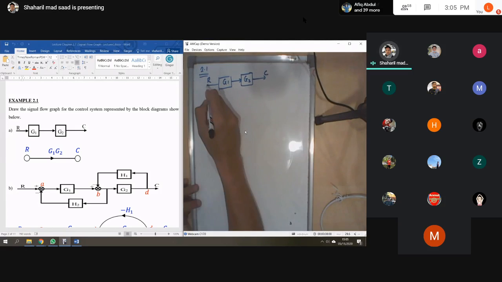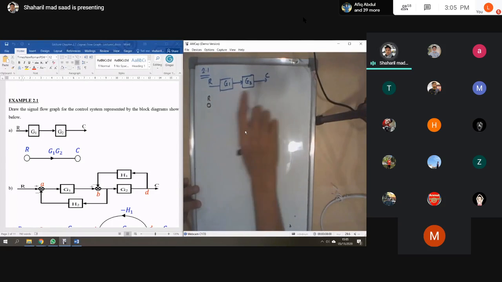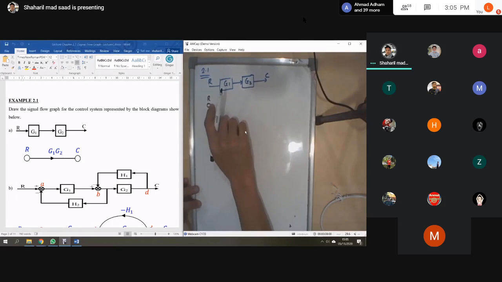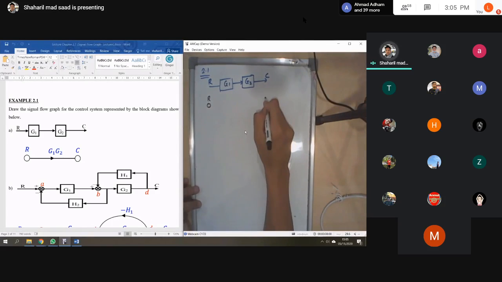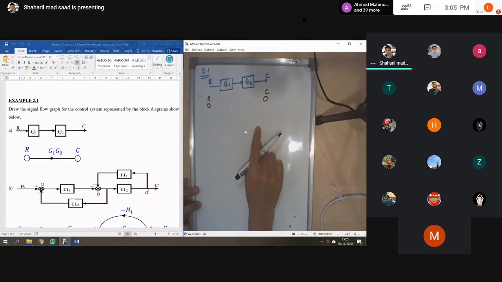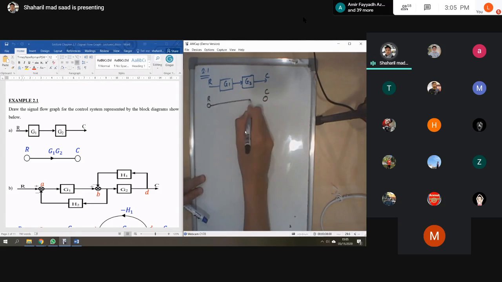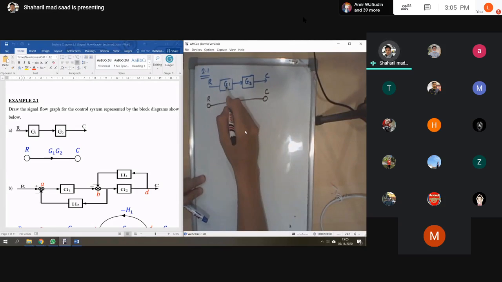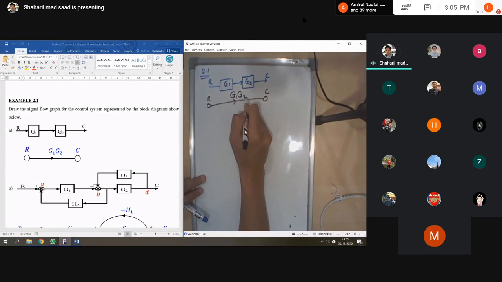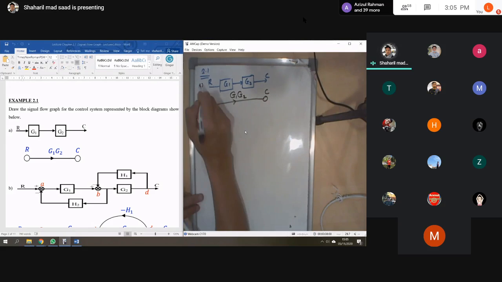Remember, the input becomes a node, and the output also becomes a node. C. Then you can draw the branches, which are G1 and G2. Clear? Alright.